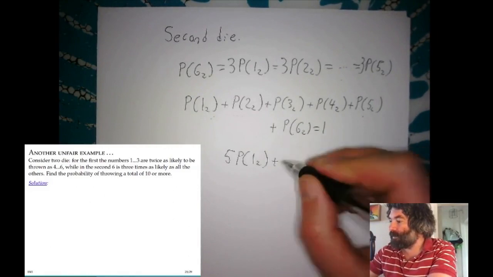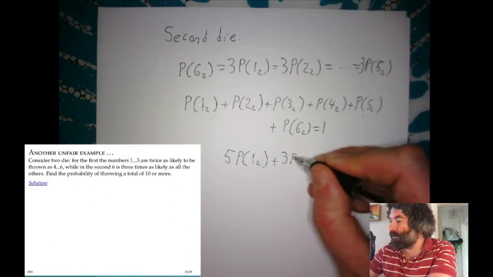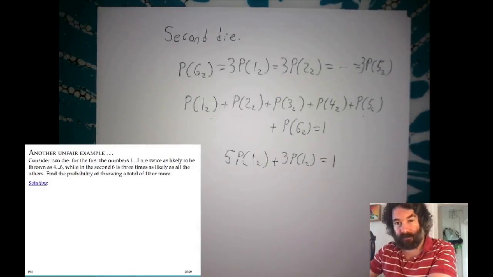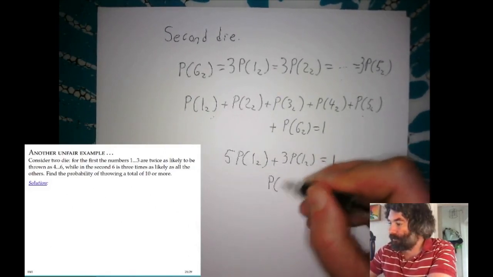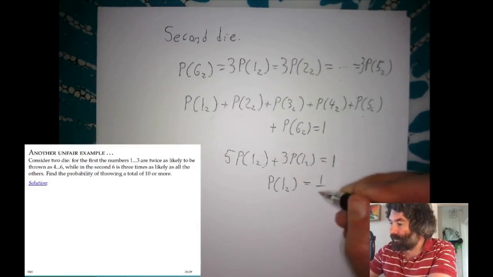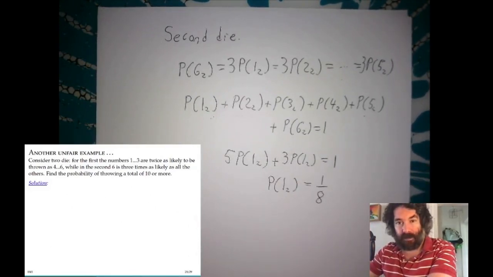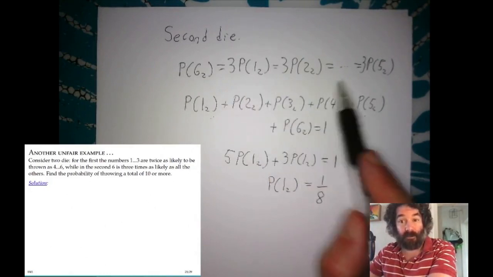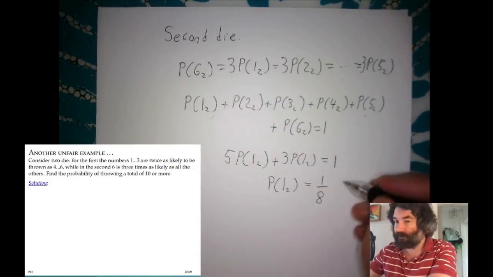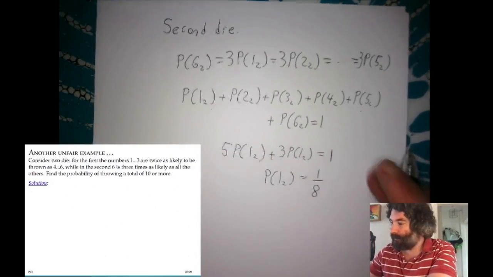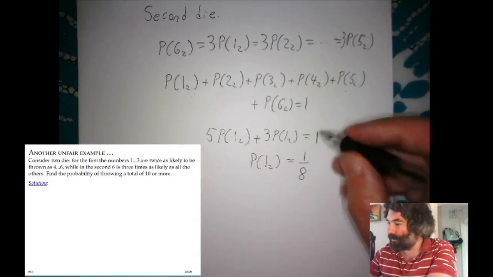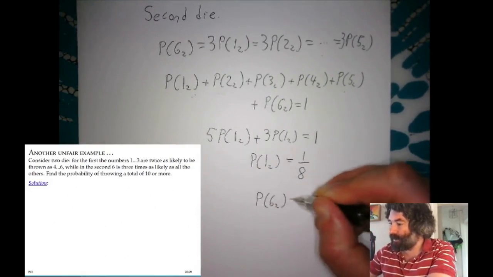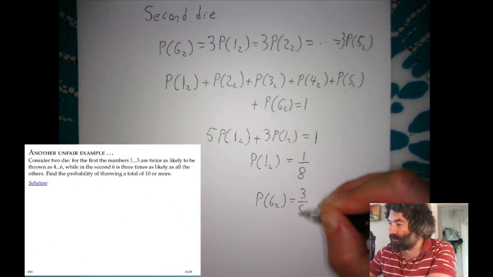Plus the probability of rolling 6 on the second die is 3 times the probability of rolling 1 on the second die. And these have to add to 1. So the probability of rolling 1 on the second die is 1/8. Right, and that's the same as the probability of rolling either 2, 3, 4, or 5 on the second die. Let me not write all those down, but just remember that. And then the probability of rolling 6 on the second die is 3 times this, so 3/8.